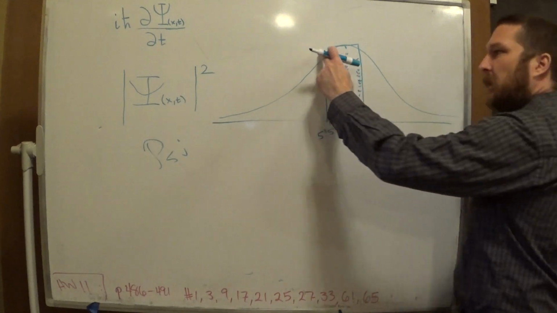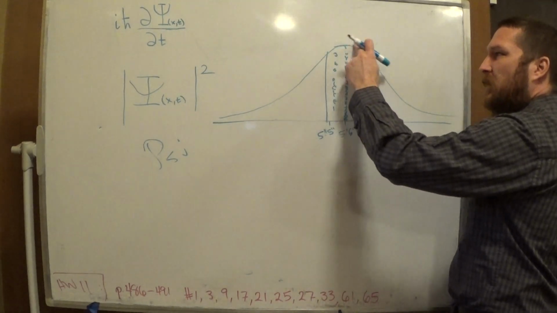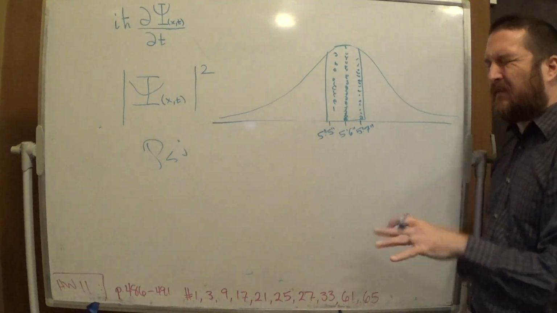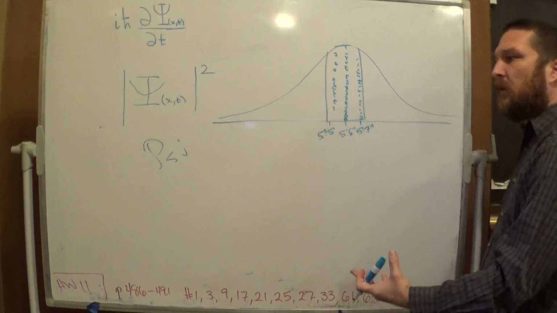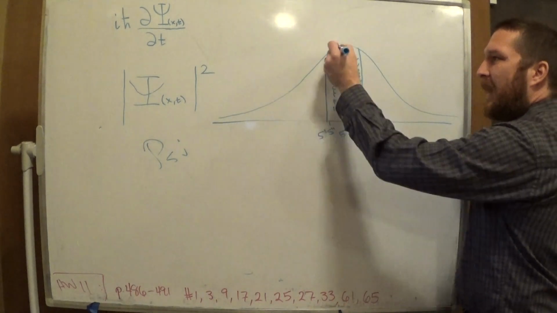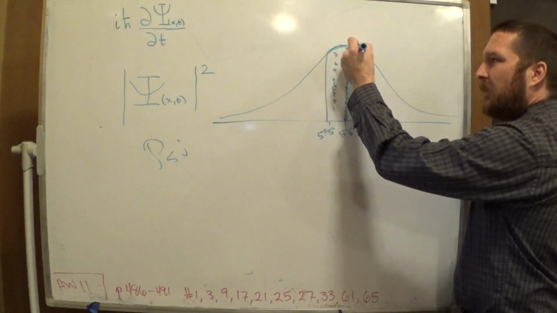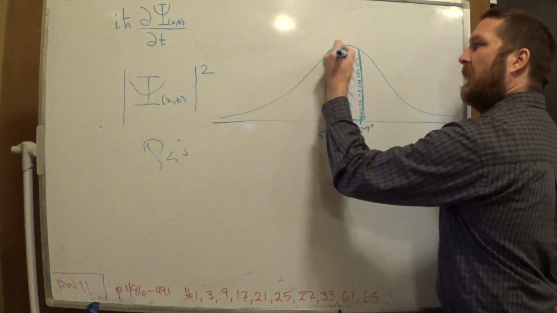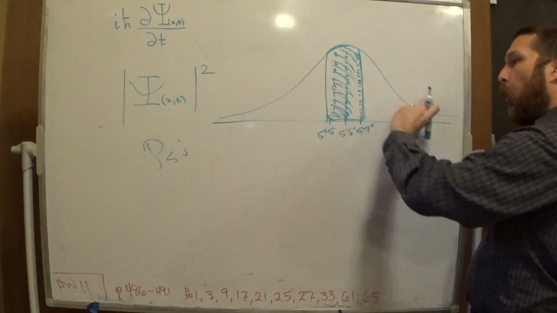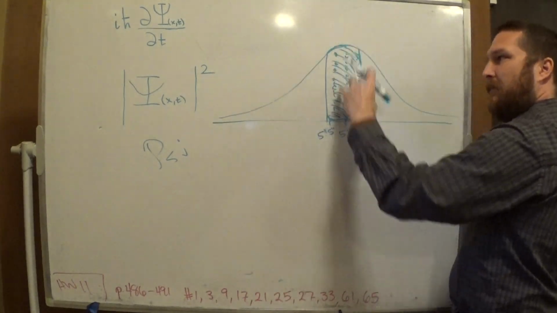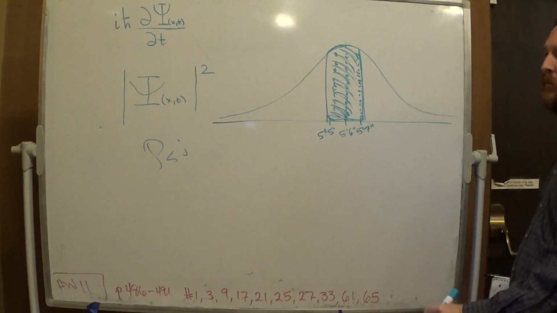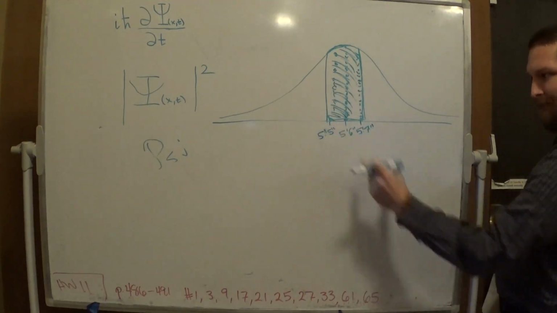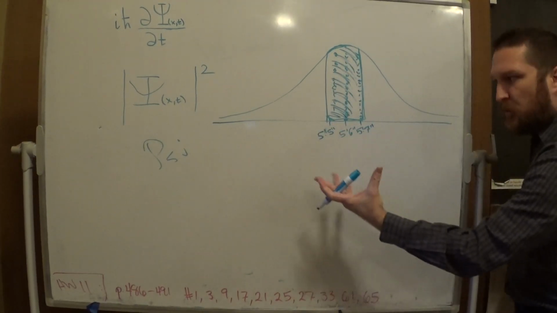Or mathematically, now we're not at UW anymore, we're talking about billions upon billions of atoms doing something. If we could find this area under the curve and divide it by the total area, then we could tell you what the probability is of being in that range, right?